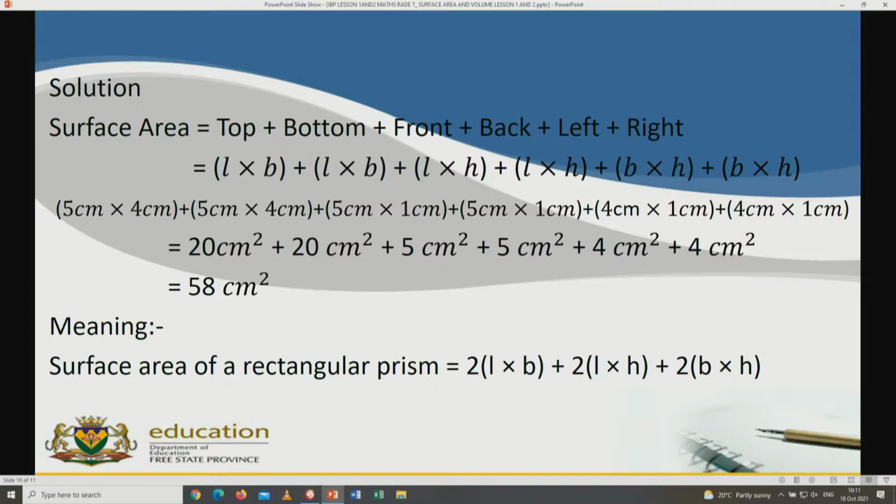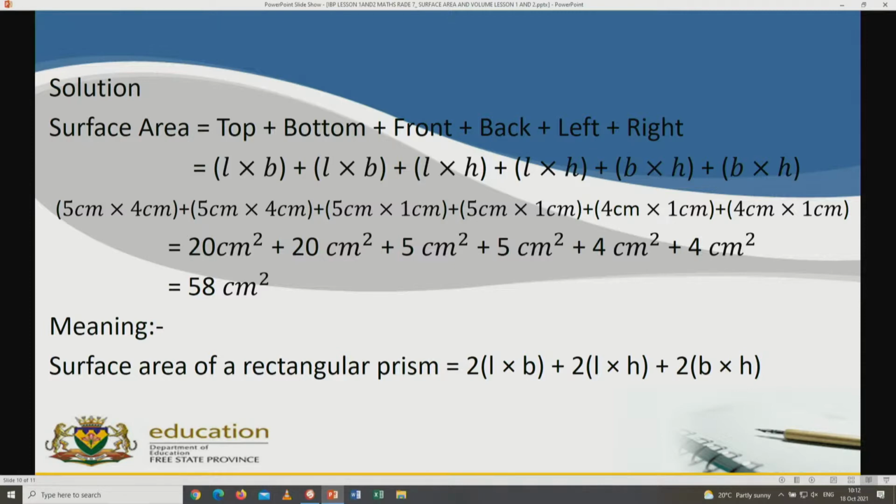Look at the bottom and the top. They are the same. Hence I have 2 of length times breadth. Then the front and the back, because they look exactly the same, we can say L times H plus L times H will be 2 open brackets L multiplied by H, because those are the like terms.